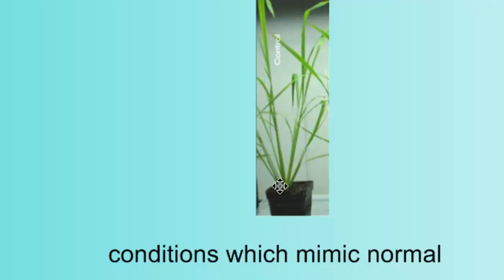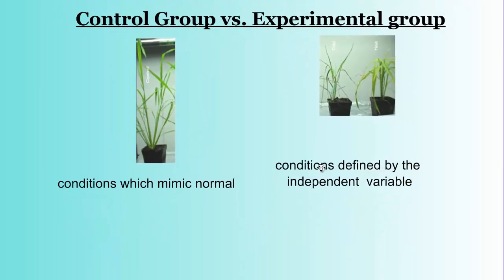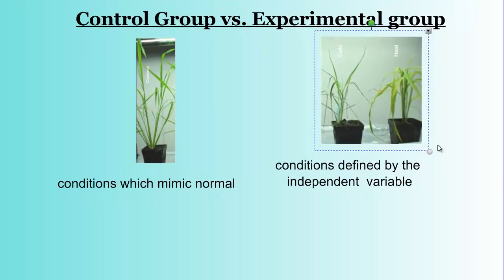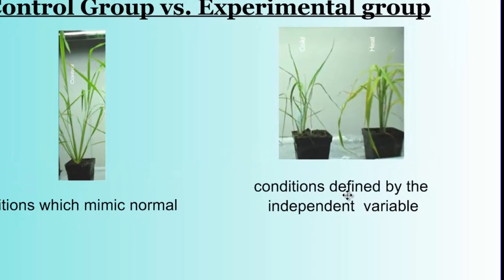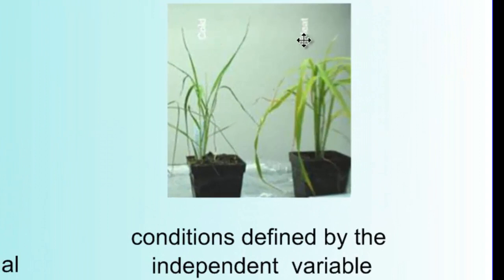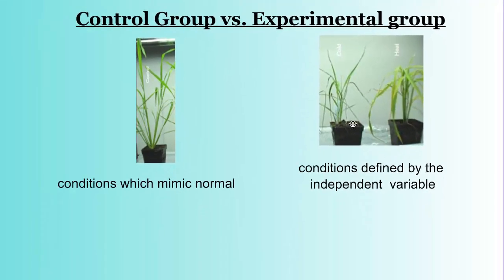So this plant was grown in as close to normal a condition as possible, whereas your experimental group is defined by the independent variable. In this case, we were changing temperature with the hot and the cold. So you need to have a control group against which you can compare the results that happened in your experimental group, or experimental groups, I suppose, in this case. And that's it.